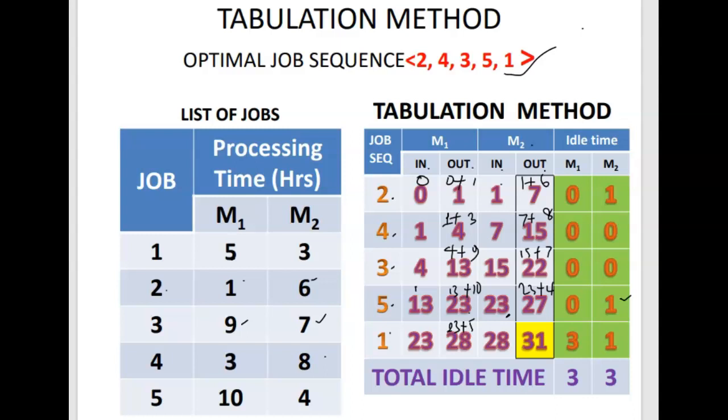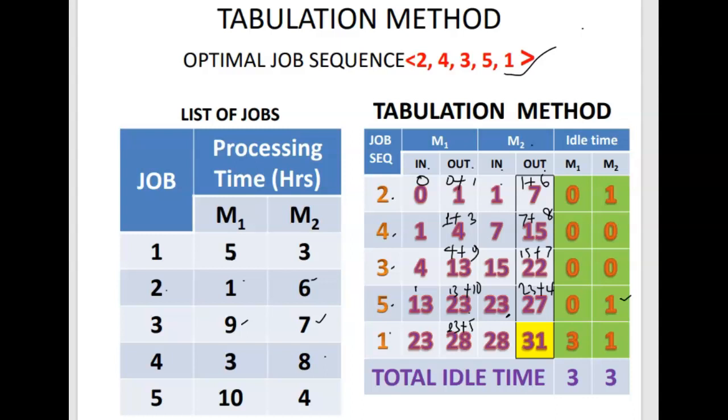Now, look here also. Machine 2 has finished job 5 on the 27th hour. Machine 1 was working on job 1, so it finished that on the 28th hour. That means machine 2, which finished work on job 5 on the 27th hour, was waiting again for machine 1 to finish.